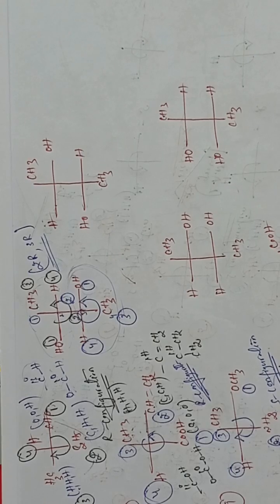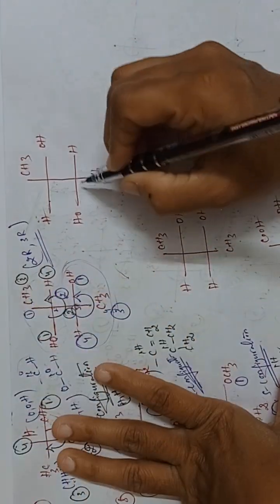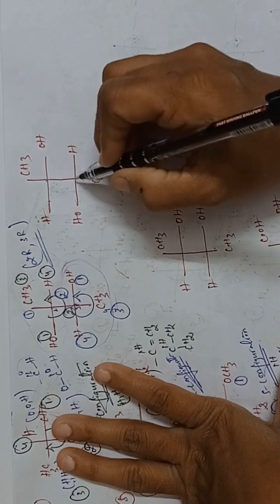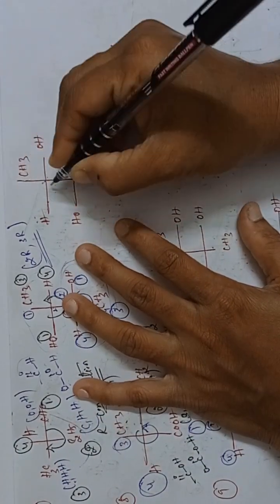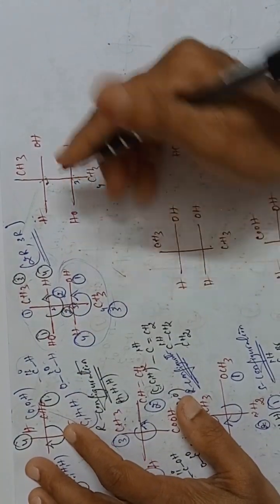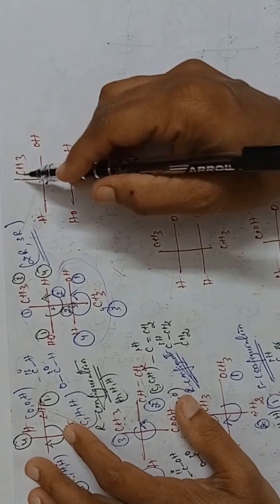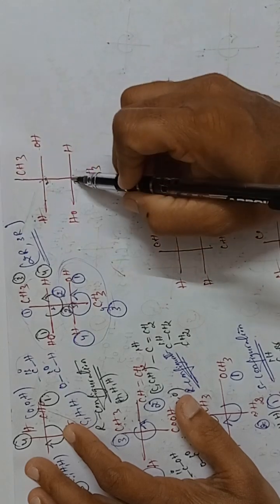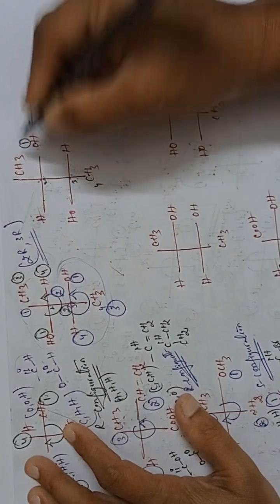Understanding? R configuration. Now see this example, students. Two chiral carbon atoms are there. First write this carbon. I am giving numbering 1, 2, 3, 4. Four carbons. Now for the second carbon: it is attached to carbon, oxygen, hydrogen, and a larger group. Oxygen has the higher atomic number, so first priority.